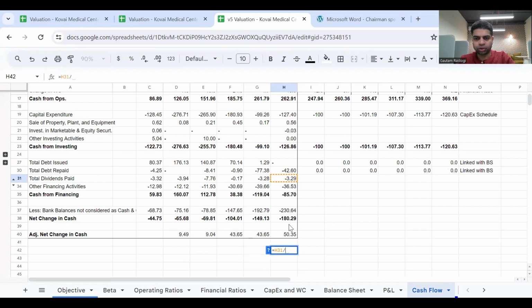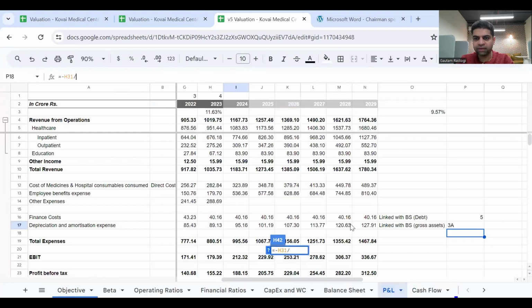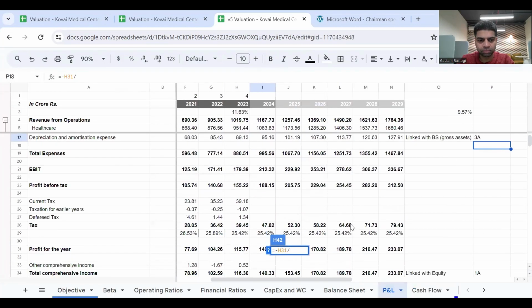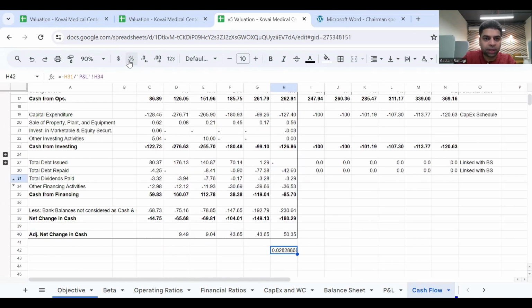I'm just doing it so that I don't lose momentum. All right. So my payout ratio is my dividends divided by my profit. So my payout ratio is 2.8. I'm going to move it to financial ratios later.